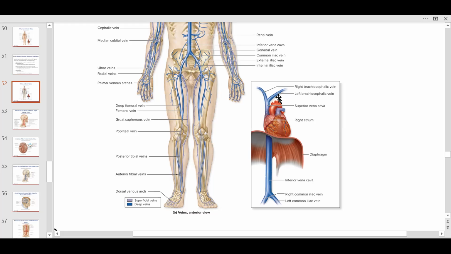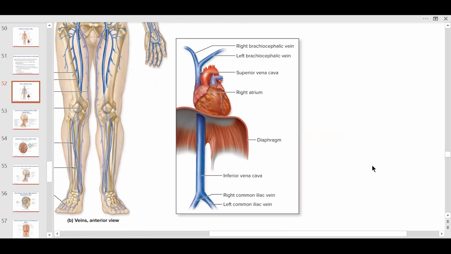And this is tricky here. The blood draining back from the arms and the head. So there's a right brachiocephalic vein draining into the superior vena cava and a left brachiocephalic vein draining blood from the left side of the body, left arm and the head, and partly upper torso too.